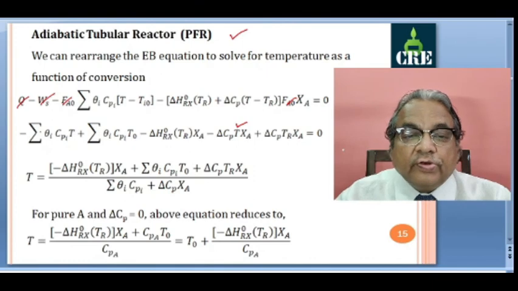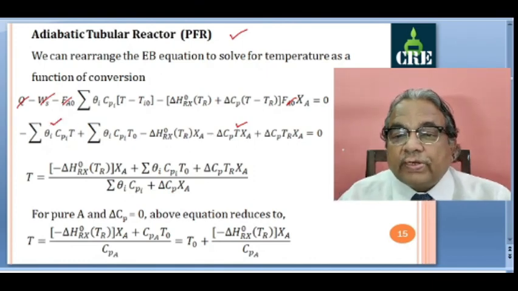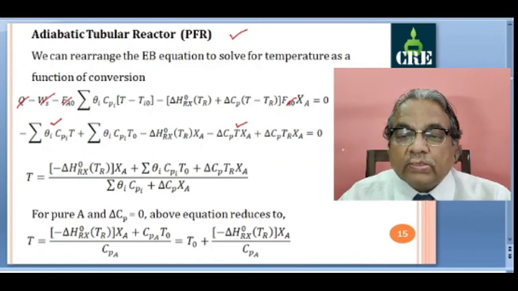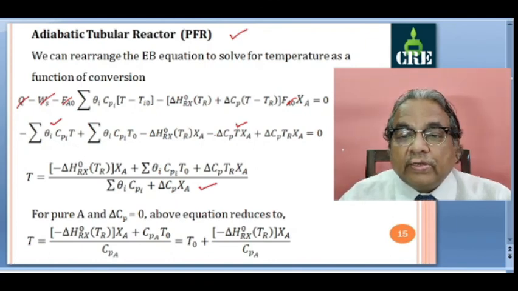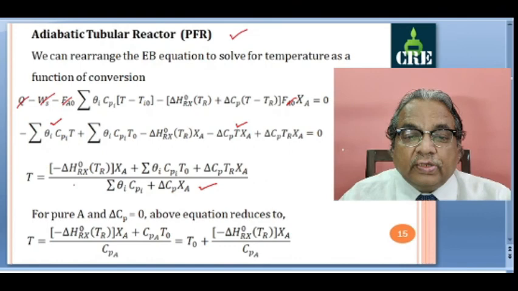So here we have T term and here we have T term. So both will transfer on other side, so become plus sign, and then this T is on this side, and we will transfer the common terms now theta I CPI into T and this delta Cp XA into T. So both positive signs and T is taken out.